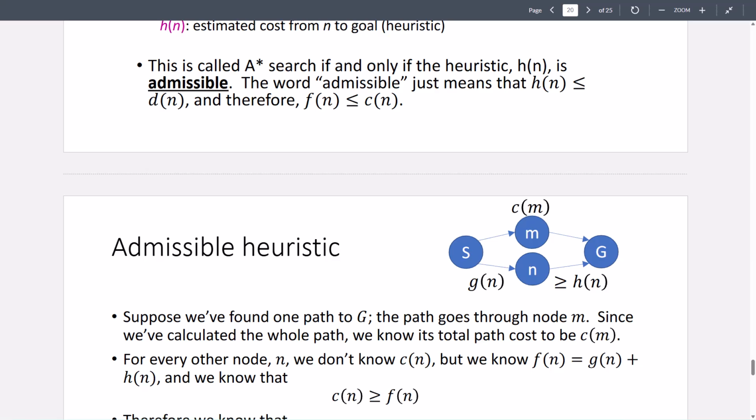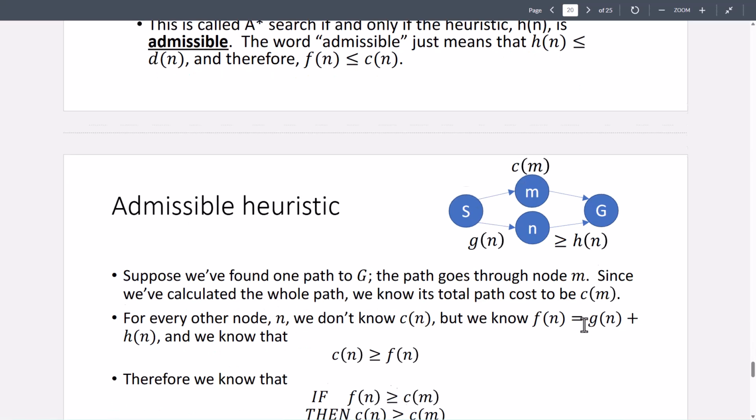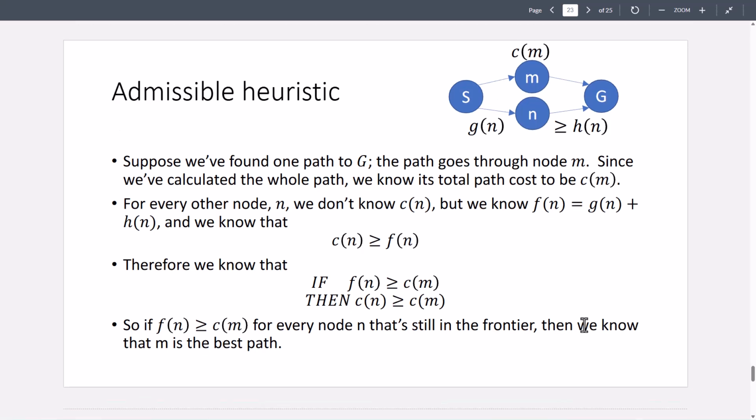So an example is straight line distance, which is admissible, because the actual road distance can never be shorter than a straight line. Straight line is always the shortest distance between a pair of points among all the paths you have. Admissible heuristics are optimistic. They may underestimate but never exaggerate.